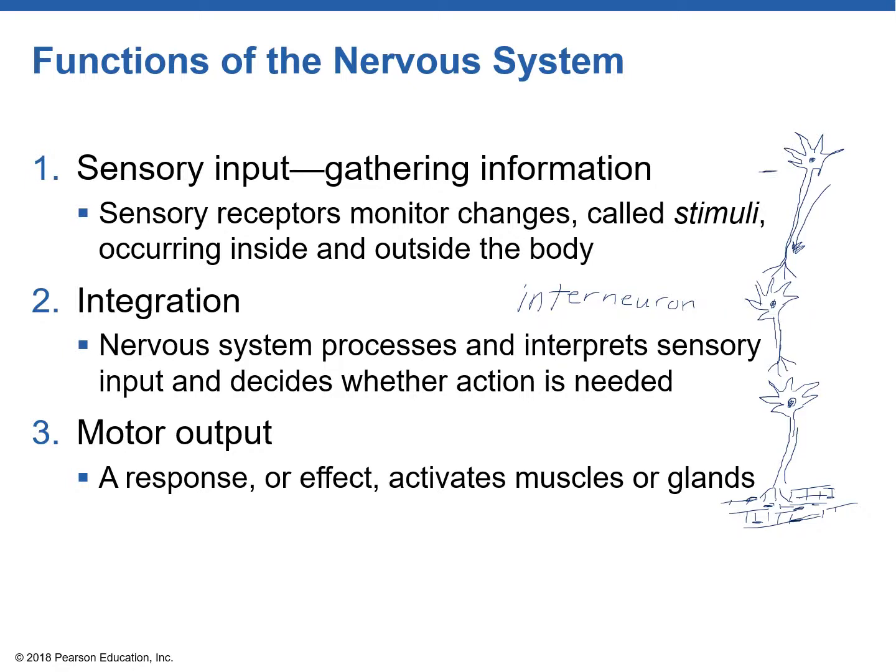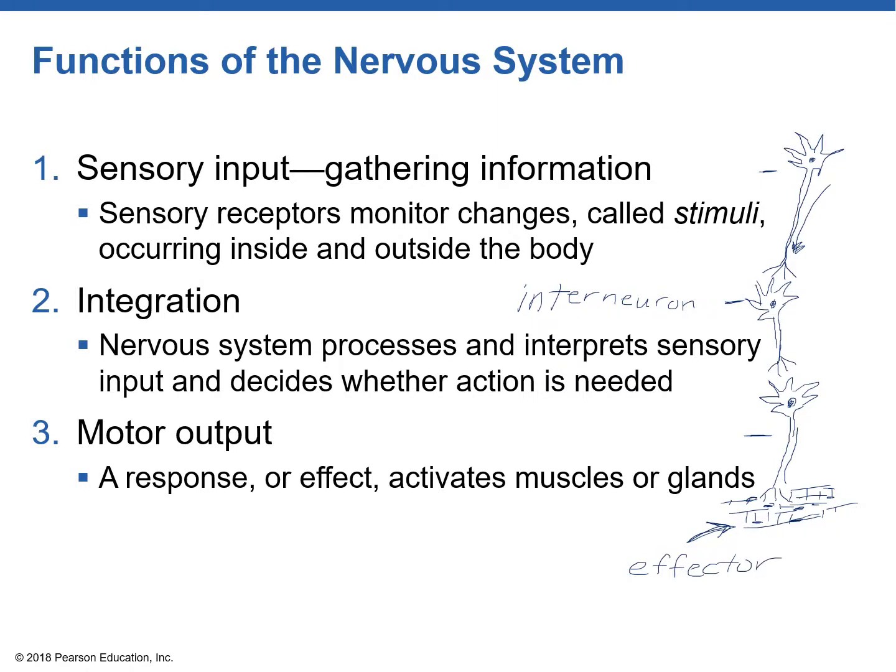So this would be your sensory neuron, this would be your interneuron, this would be your motor neuron, and then whatever tissue or organ is in synaptic contact with your motor neuron is going to be the effector organ. So that's going to be muscles or glands.